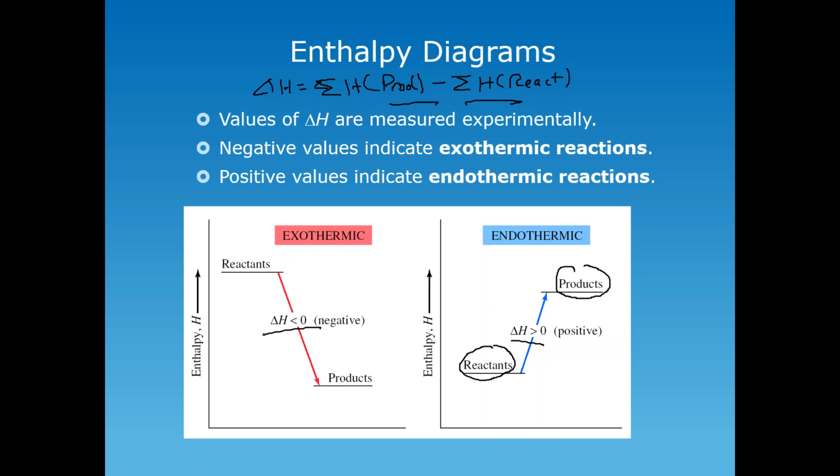Now, what that means basically is that if you could somehow measure the sum of the enthalpy of the products and the reactants and put them into this equation, then that will give you delta H. Now, this is a very simplified representation of how we would calculate delta H using these values. It's a bit more complicated, but simply put, it's the sum of enthalpy of products minus the sum of enthalpy of reactants. And we can measure these experimentally, right?